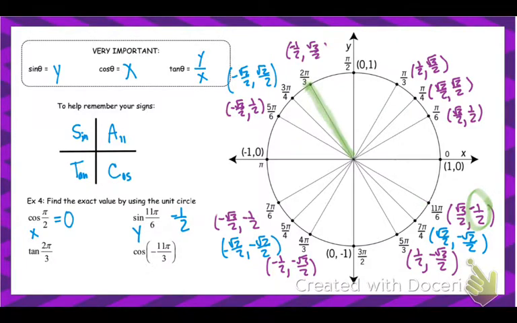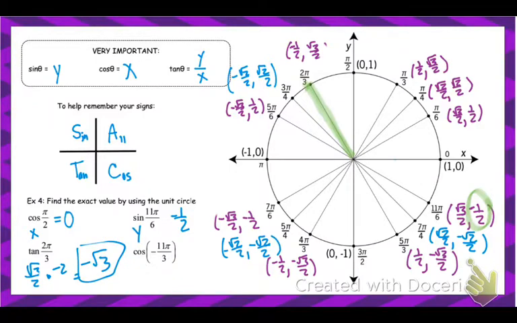Tangent is y divided by x. So this is going to be root 3 over 2 divided by a negative 1/2, or root 3 over 2 times the reciprocal, which becomes a negative root 3. So the tangent of 2 pi over 3 is negative root 3.